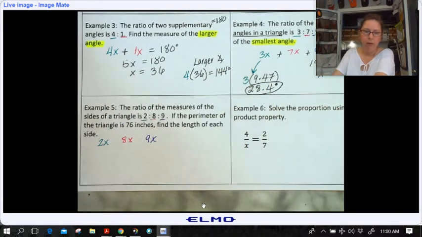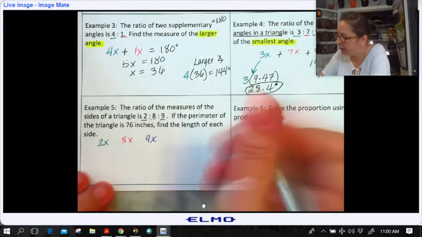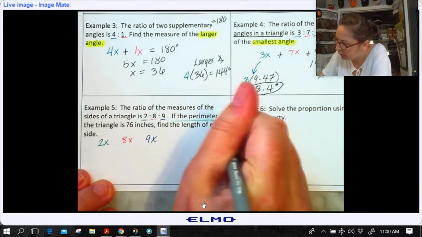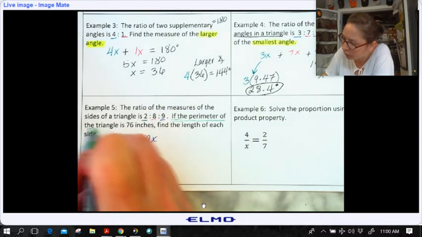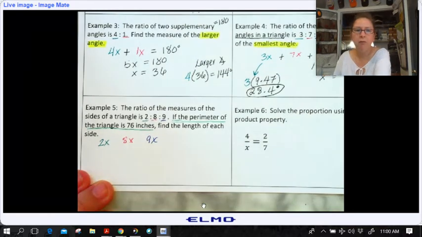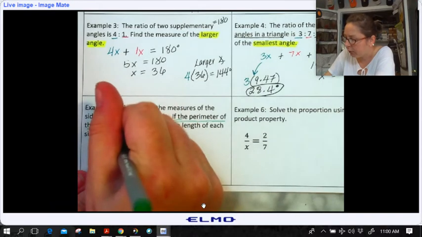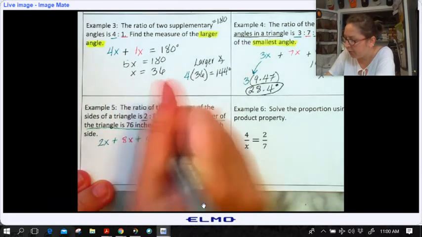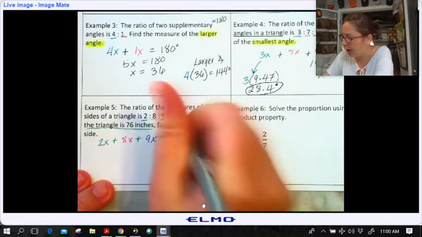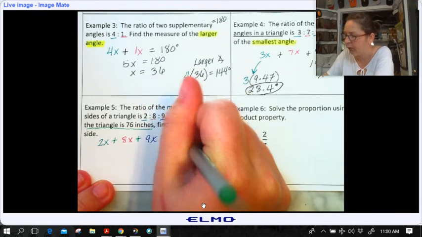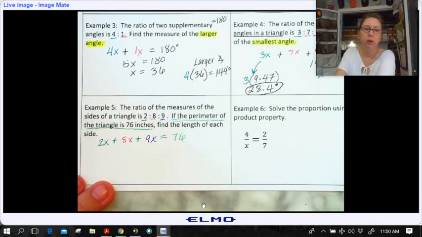Okay. This tells me that the perimeter is 76 inches. So how do you find the perimeter of a figure? Well, you add up all the sides of the figure, and that's how you get the total measure of the perimeter.